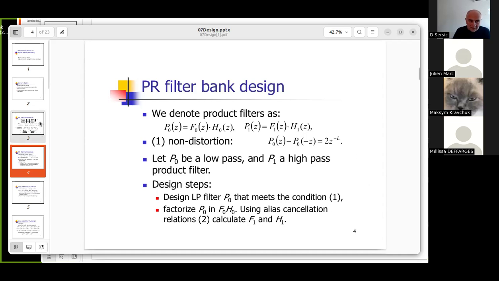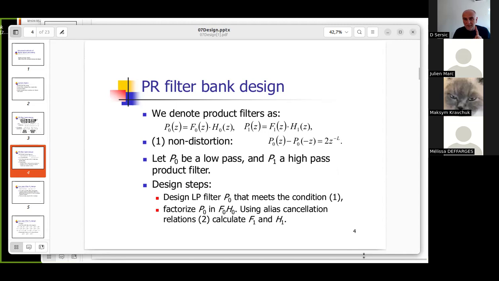We have condition number one right here on this slide: P0(z) minus P0(-z) must be equal to 2 with eventual delay.